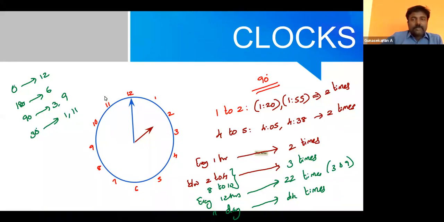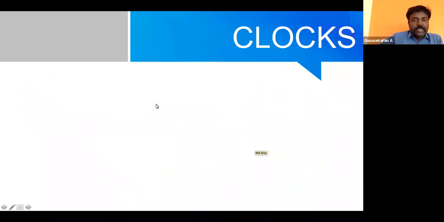Understand? So finally, I'm making it a formula. See, 0 degree, 180 degree, 1 degree to 179 degree. For everything, this is the formula. For 1 degree to 179 means everything.